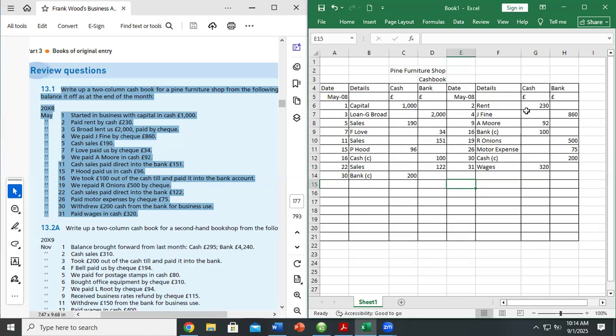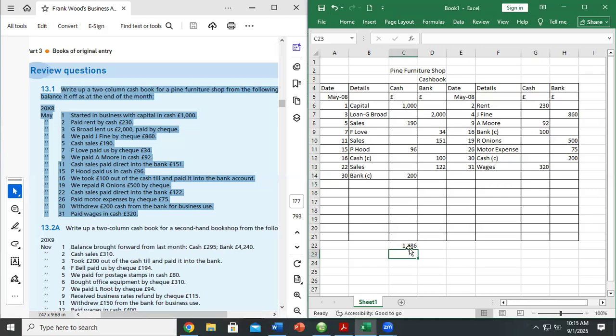So I told you do the balancing one after the other. So let's first consider the cash column, right? So how much do we have on our debit side? Let's do the calculation. We have 1,000 plus 190 plus 96 plus 200.